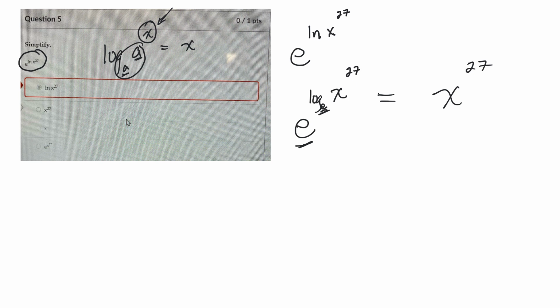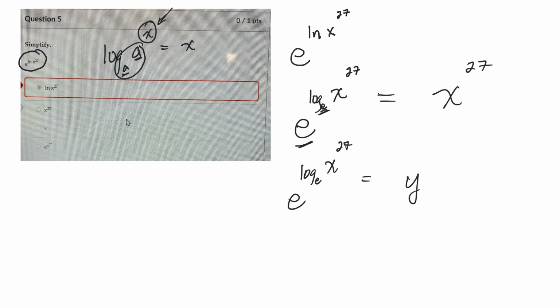I was just trying to think of another way of expressing that. You could say e to the log base e of x to the 27th is equal to some unknown. Let's call it y. Now this is an exponential equation, so you could change it into a logarithmic equation.